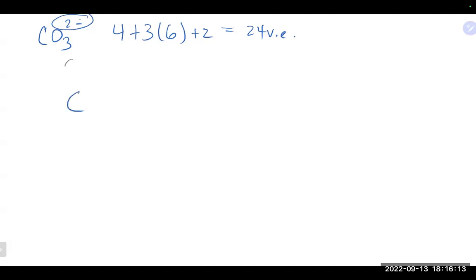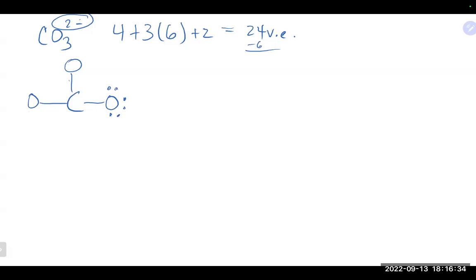We're going to do oxygen around. We're going to do 1 single bond to each of the oxygens. That uses up 6 electrons. That leaves 18 to use. We're going to put those on the outside. So 2, 4, 6.